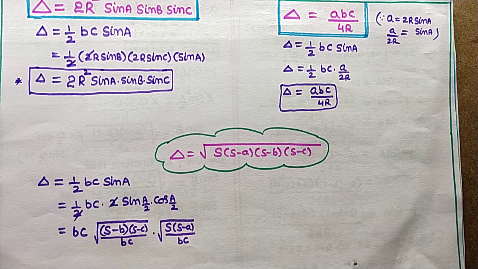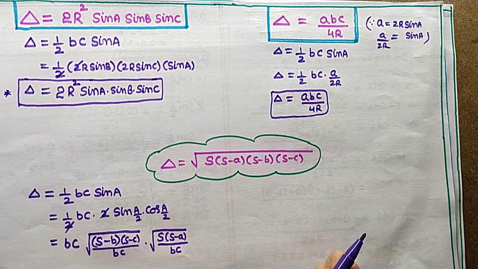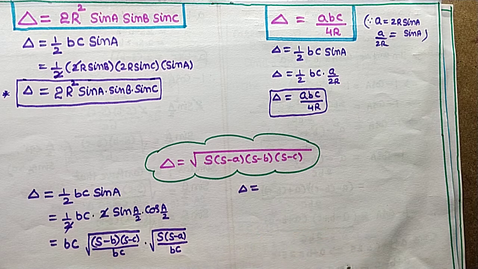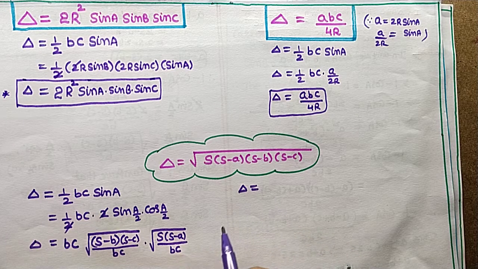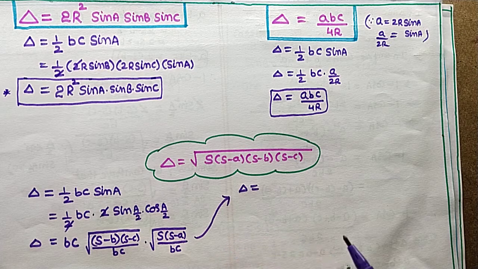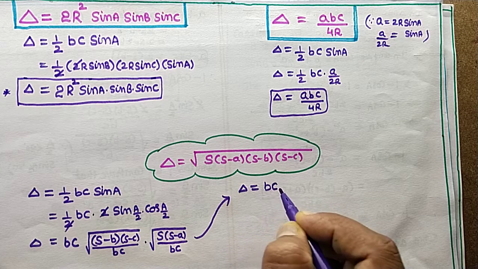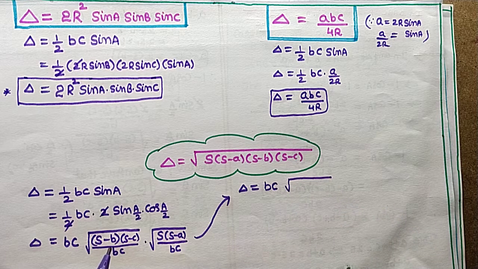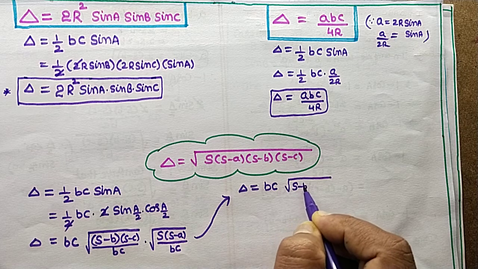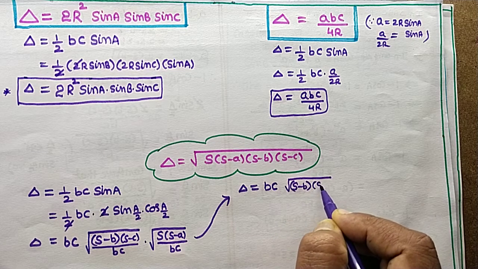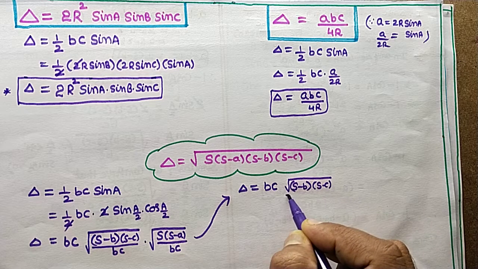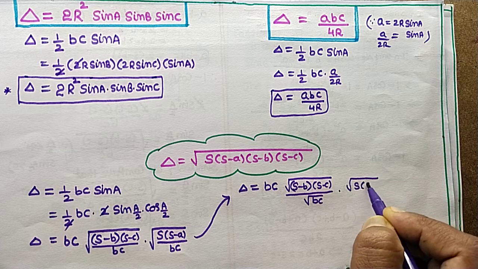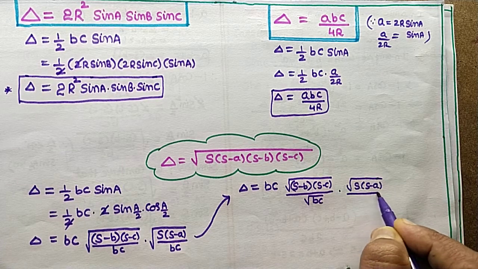After that, delta equal to bc into square root of (s minus b)(s minus c) divided by root bc, into root of s(s minus a) divided by root bc.